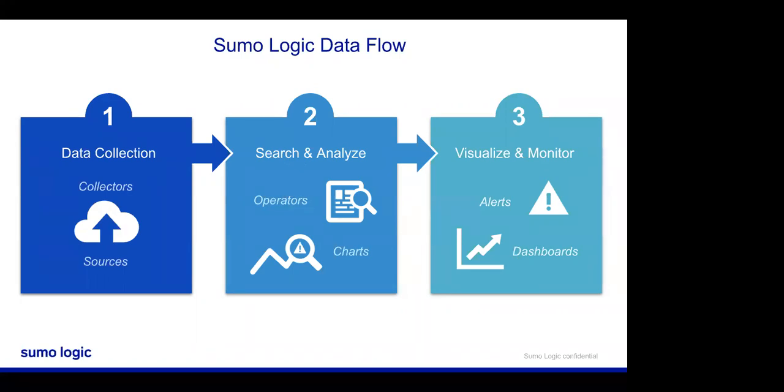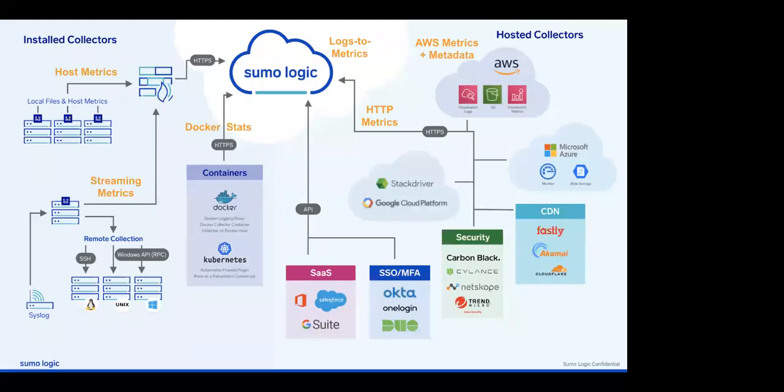If you ever want to learn how to create a collector, you'll want to come back and take our administration class. That's where we teach you how to set up the collectors and the sources. But once we get data coming in, we can run our queries, then we build our dashboards and we can create our alerts and then go from there. And these are the 3 phases that make up Sumo Logic's data flow.